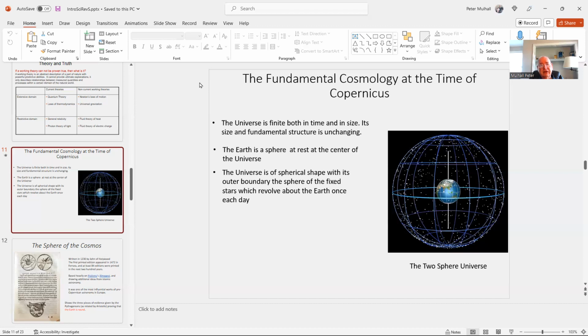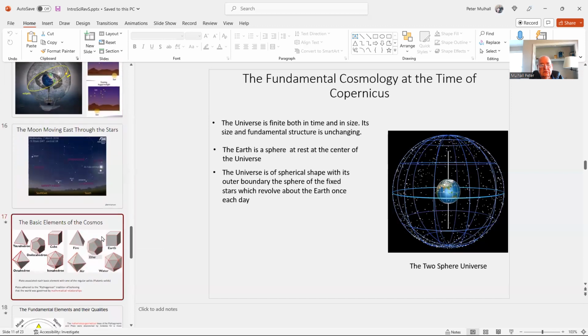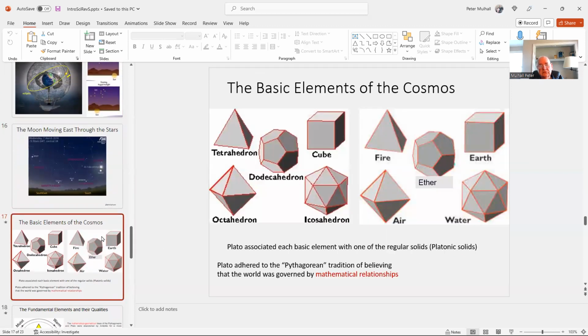Any other thoughts, comments before we go? Peter, I was struck by the slide where you showed the view of the ancients as having a set of physical objects and the natures and so on that applied. No, I think it was even earlier than that, but similar.